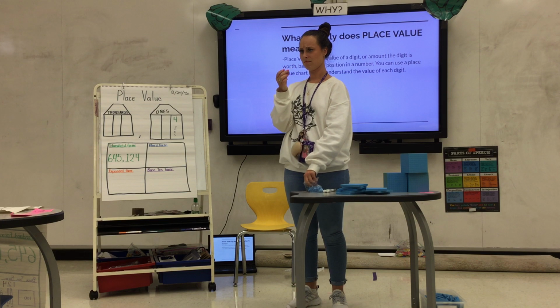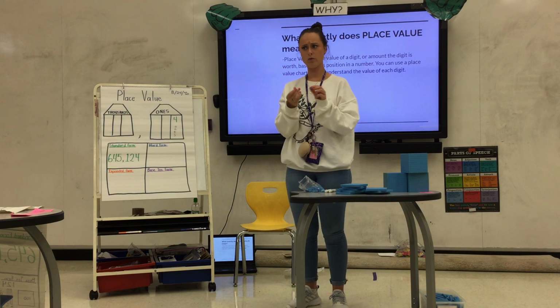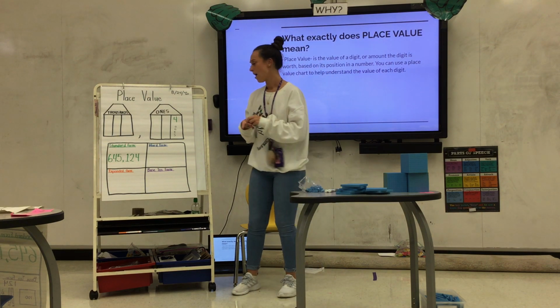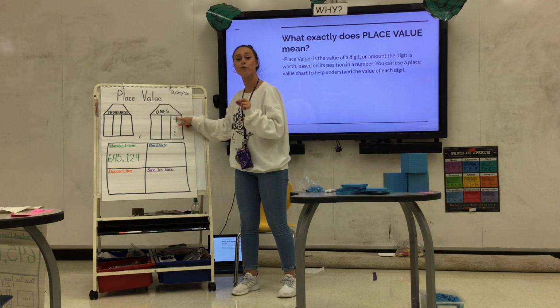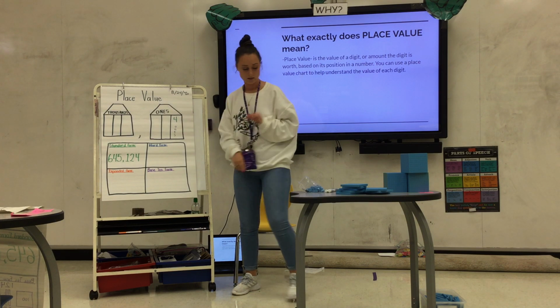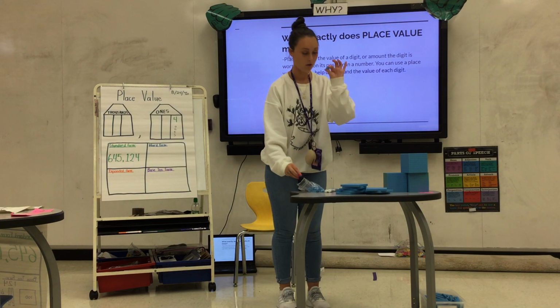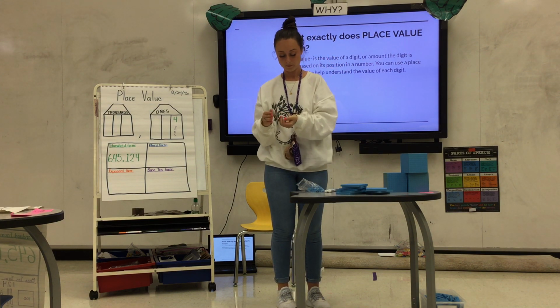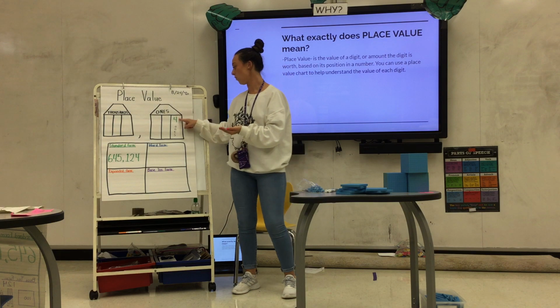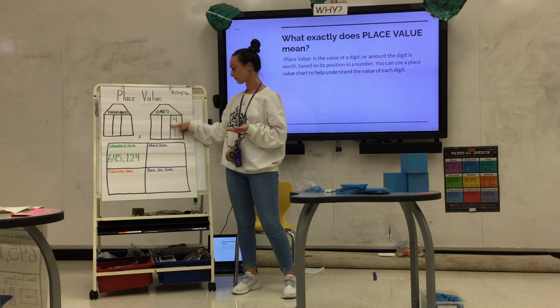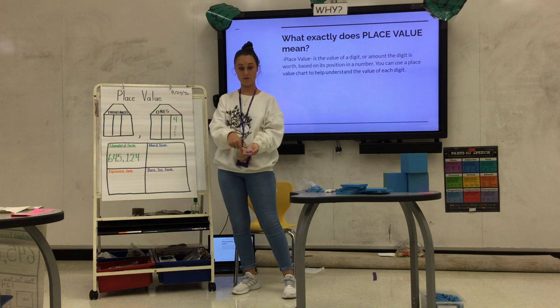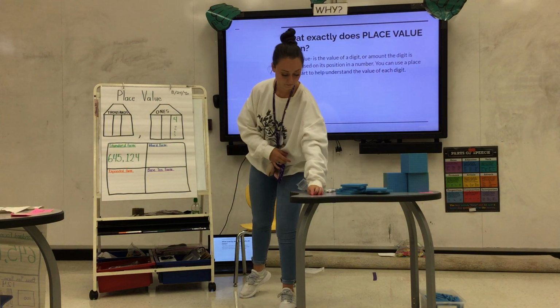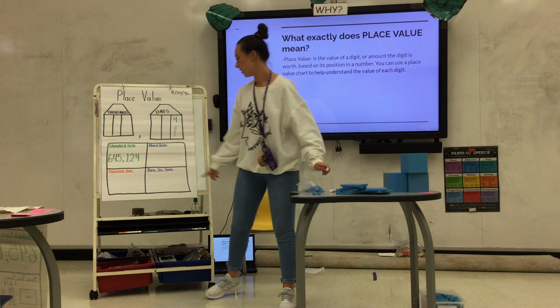Am I going to have 2? No, I'm going to have 4 ones. So let me count out 4 ones. 1, 2, 3, 4. So now when I see the 4 in my ones place value, I know I would have 4. Okay, let's keep going. So I took care of my 4.